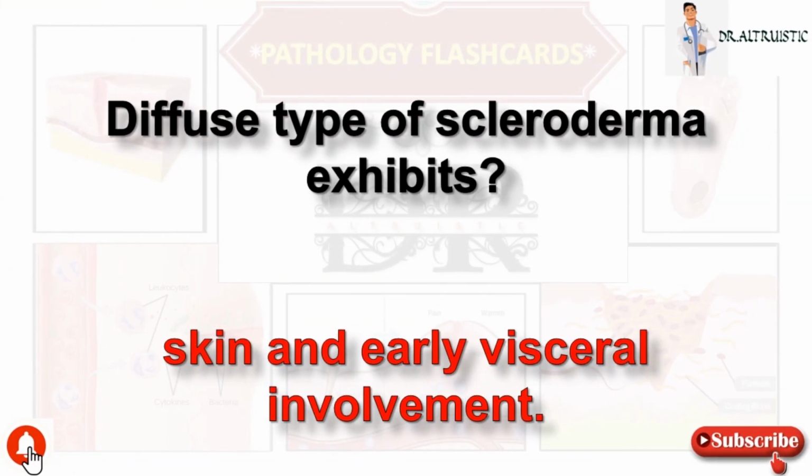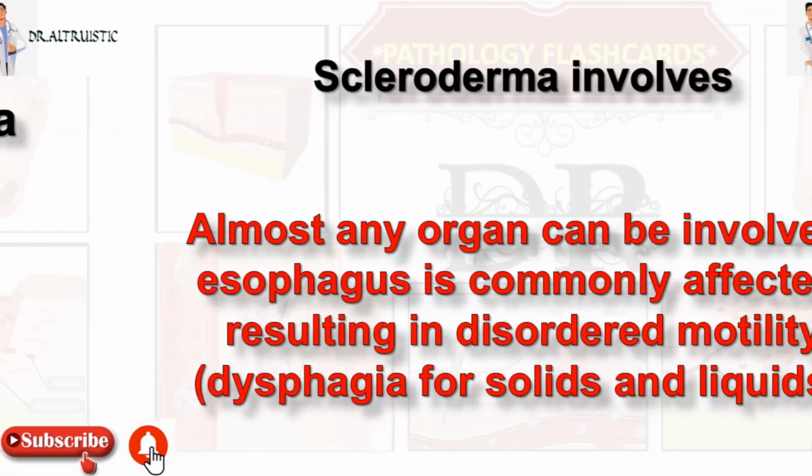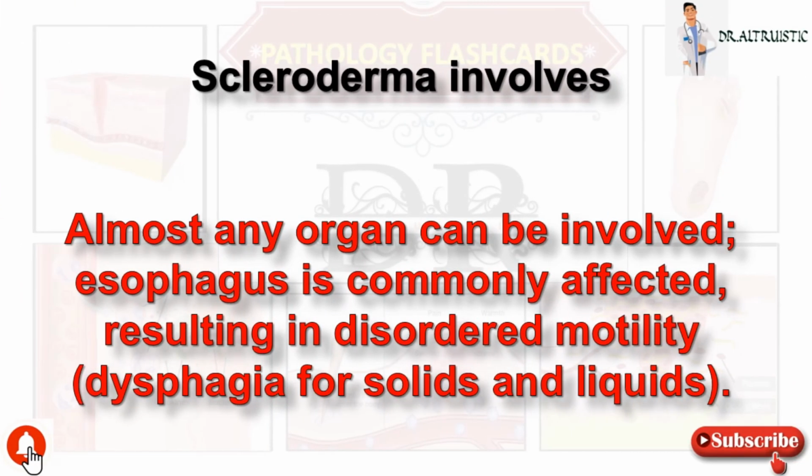Diffuse type of scleroderma exhibits skin and early visceral involvement. Scleroderma involves almost any organ can be involved. Esophagus is commonly affected, resulting in disordered motility, dysphagia for solids and liquids.